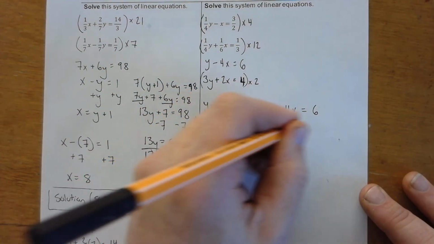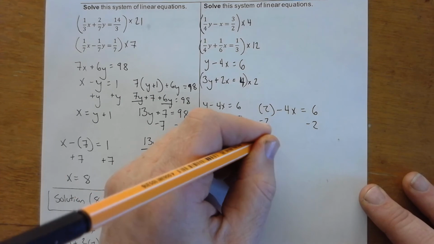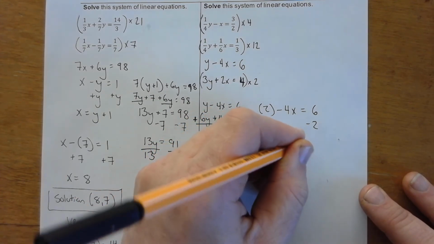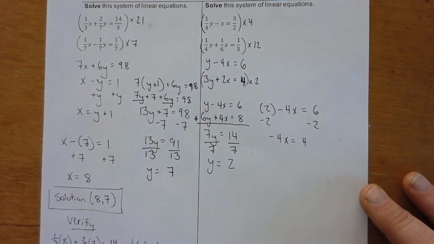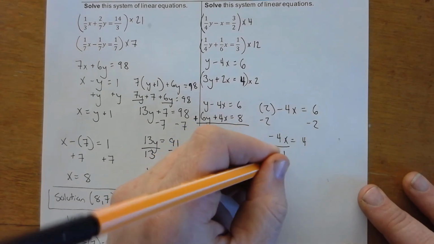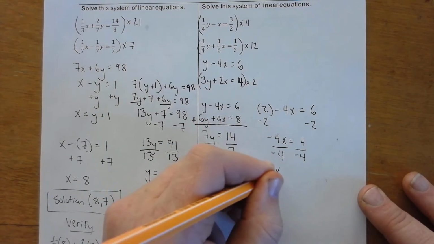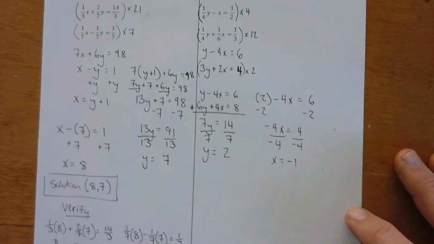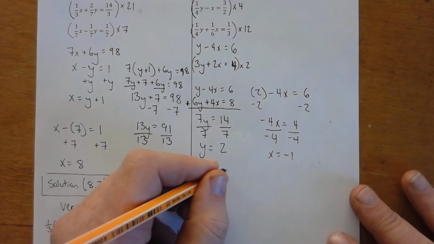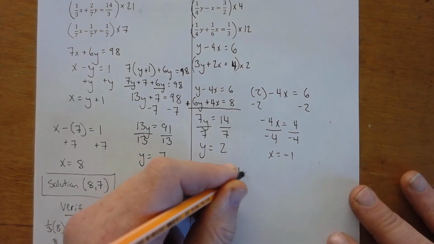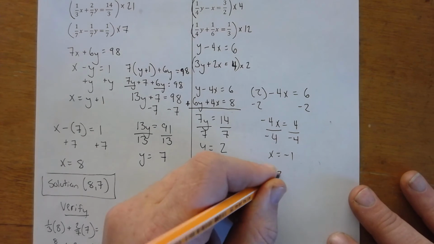I'm going to subtract 2 on both sides. I get negative 4x equals 4. Then I divide everything by negative 4 and I get x equals negative 1. So my solution is (negative 1, 2).